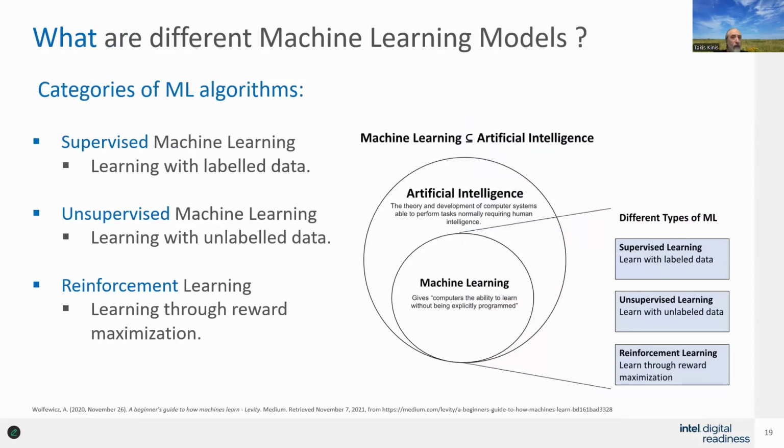In machine learning, we have these three basic categories of machine learning models or algorithms. And we've talked about these in the past, so hopefully this is a bit of a refresher from the last class. We have what we call supervised learning, right?